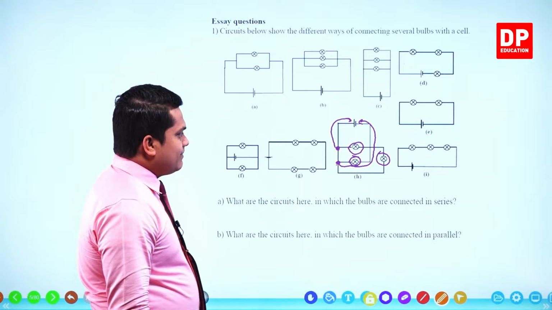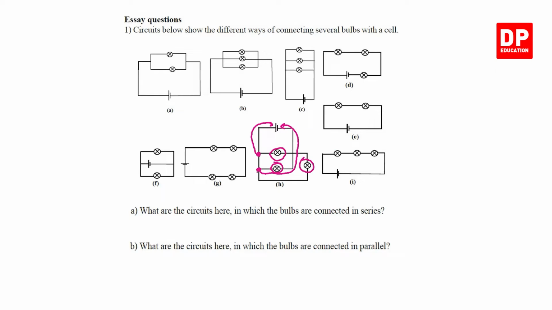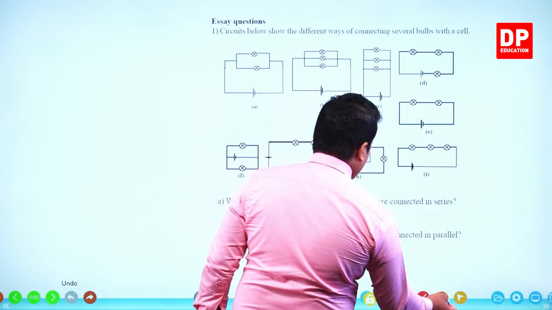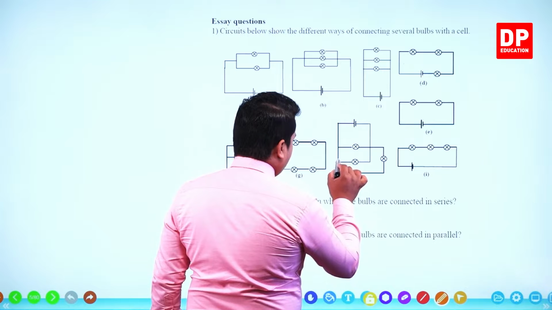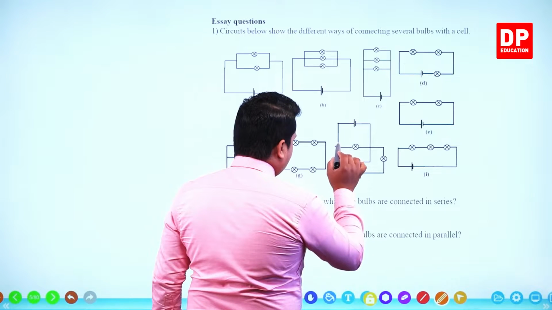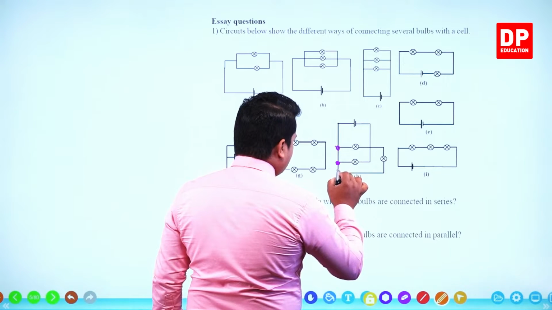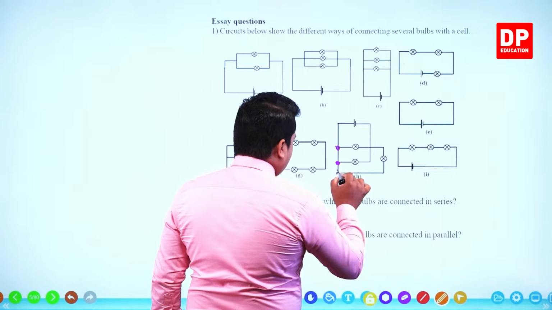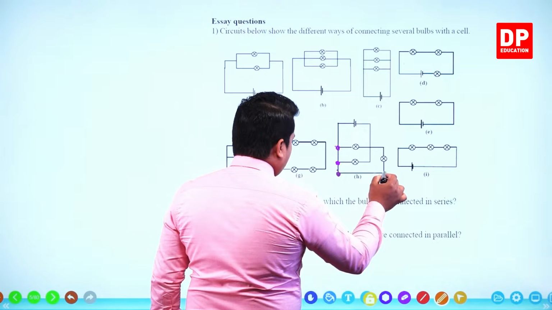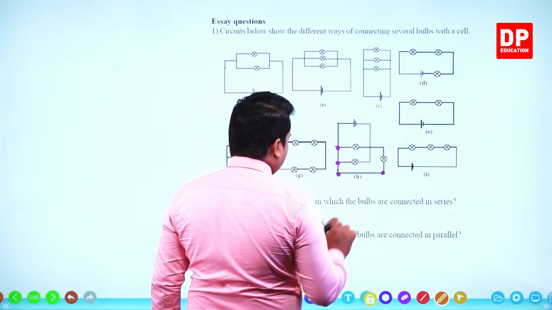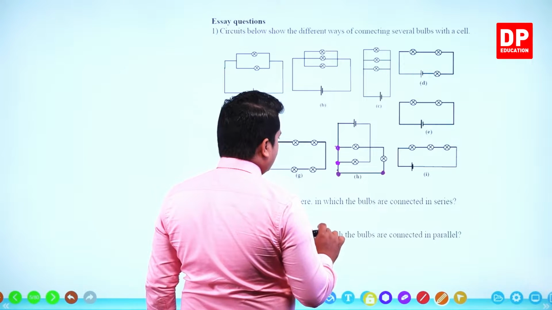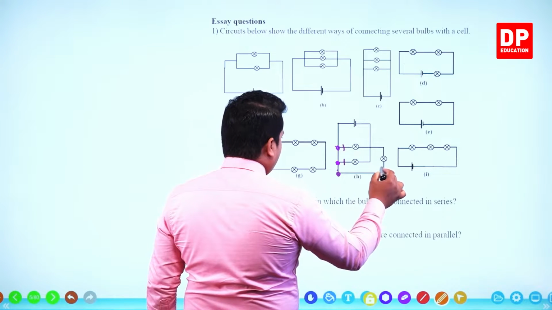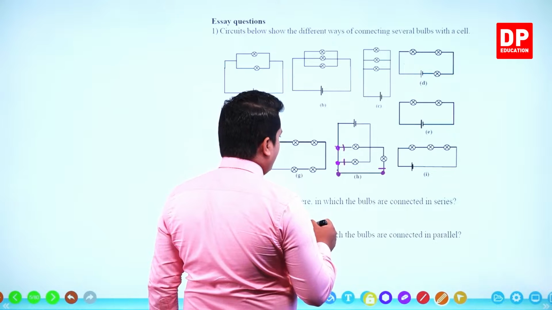So all the three bulbs have the same terminals. If you follow the lines very carefully, let's imagine that I'm going to use two colors in here. So one terminal is connected with this terminal, and once again this terminal, see, up to here. Okay, so 1, 2, 3, these three terminals are joined together.